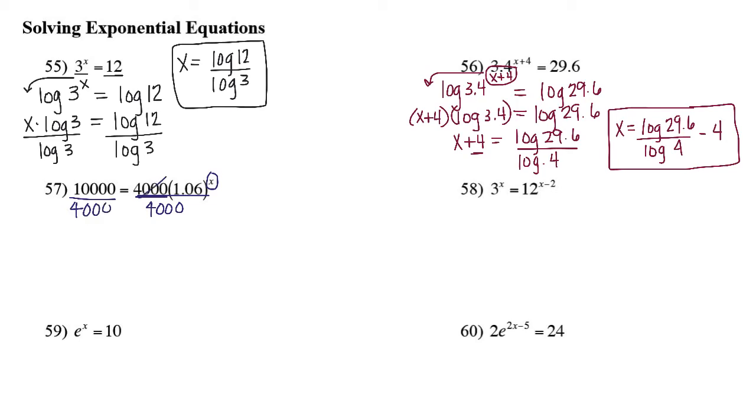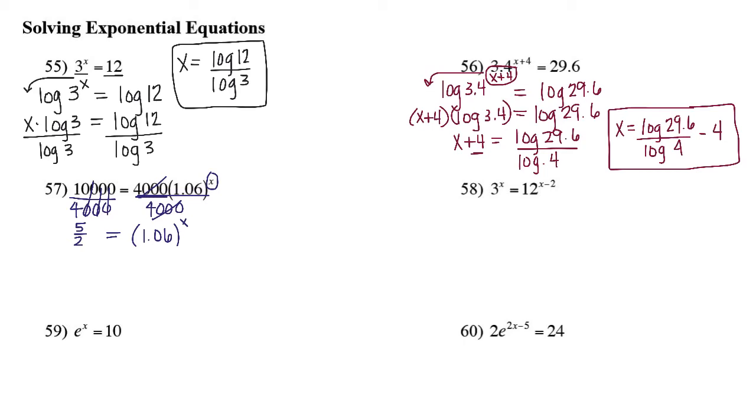And I'm going to be left with 1.06 raised to the x power. And then over here, if we start knocking off zeros, notice we have 10 over 4, which does reduce to 5/2. So that's going to make it a little bit easier to work with. Now we can do the log of both sides.